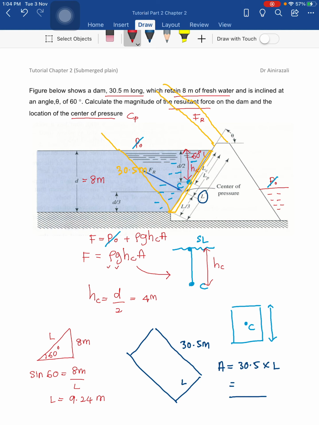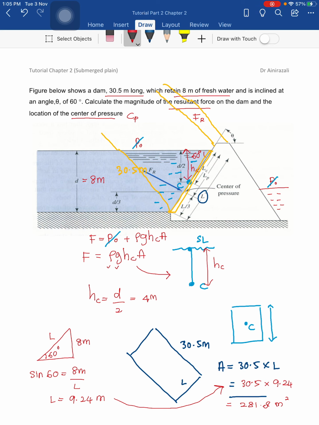Now you have L, so you substitute L in your area: 30.5 multiplied by L, which is 9.25. So A is 281.8 meter square.